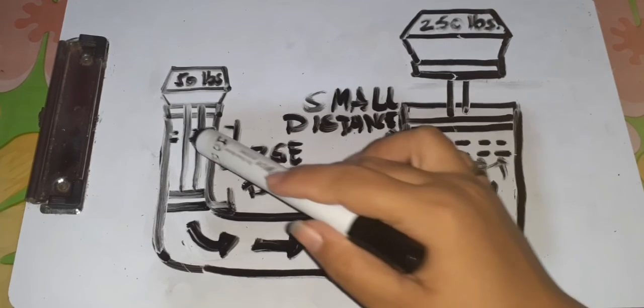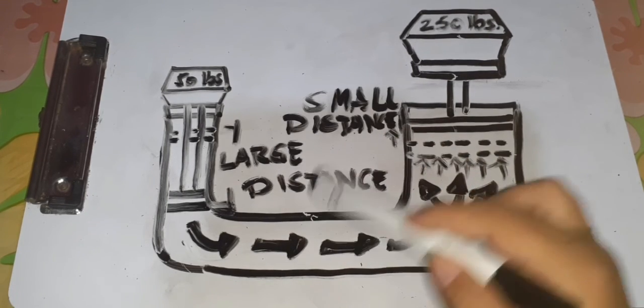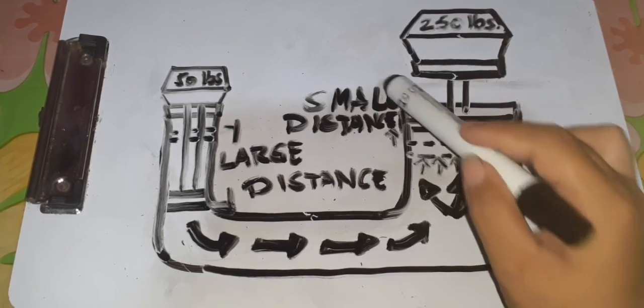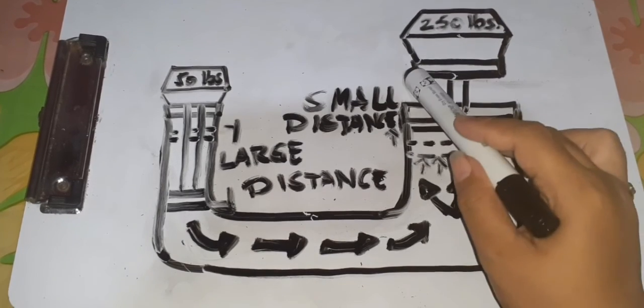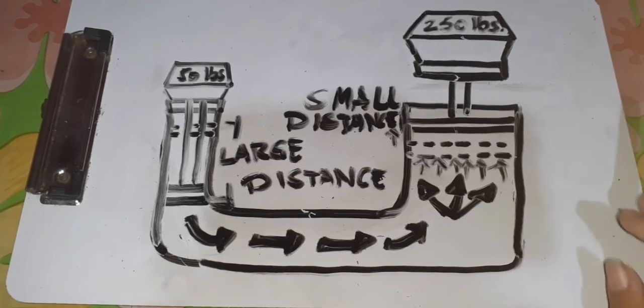So this would be the large distance and this would be the small distance, and it goes upward on the output piston.